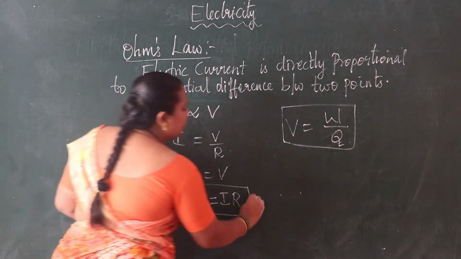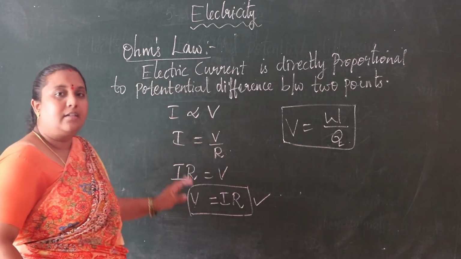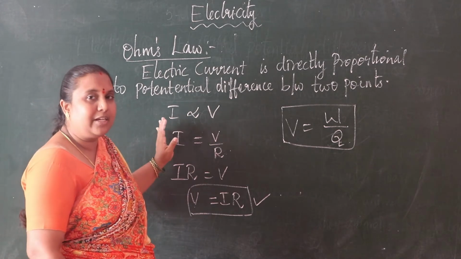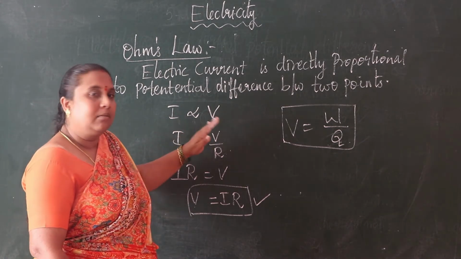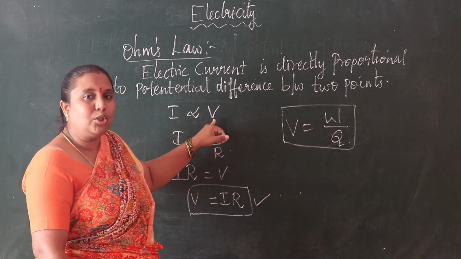So what is Ohm's law? Electric current is directly proportional to the potential difference between 2 points.